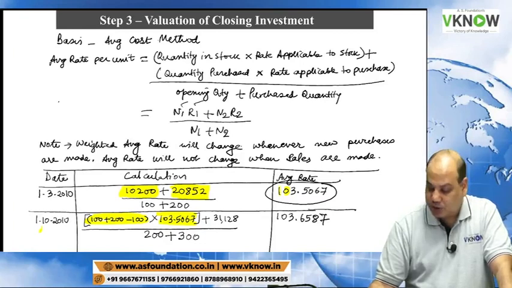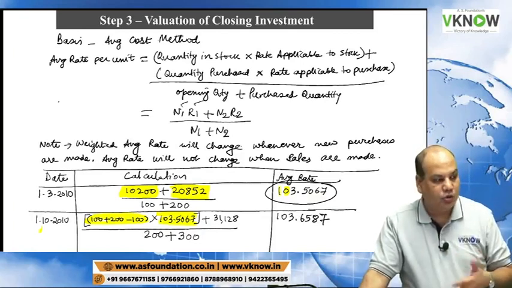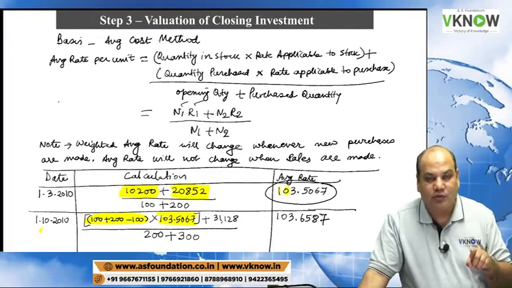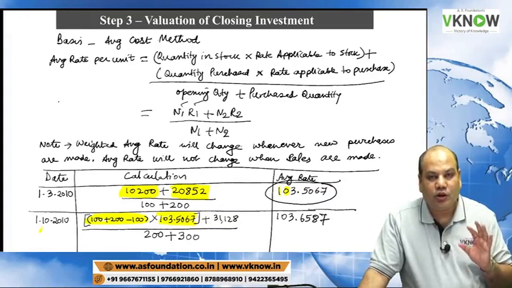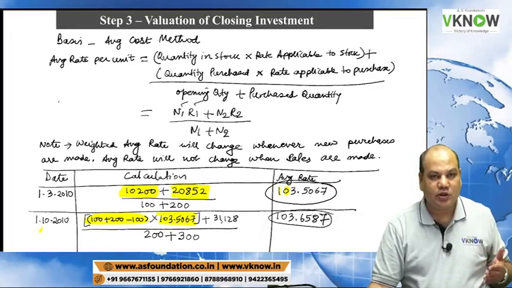When you make a fresh purchase, because the new purchase may be at a different rate, your average cost will change. When you make a sale, do not calculate the weighted average rate, because your weighted average cost will be the same. Selling the quantity of inventory does not affect the cost per unit.